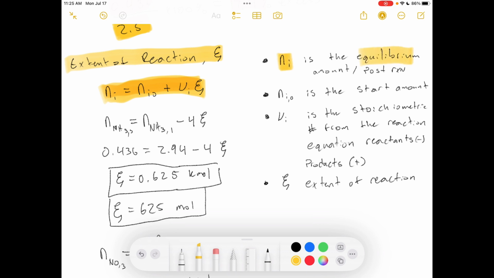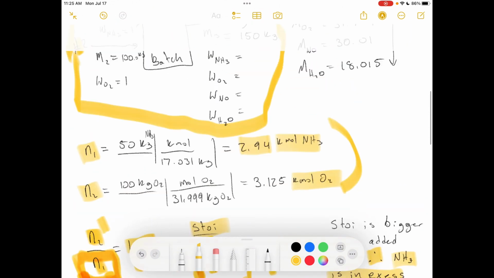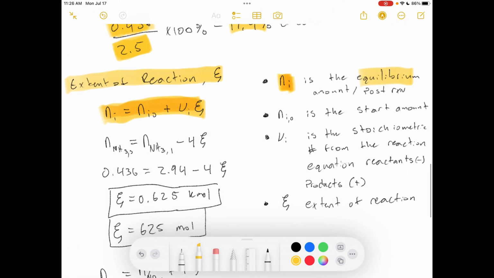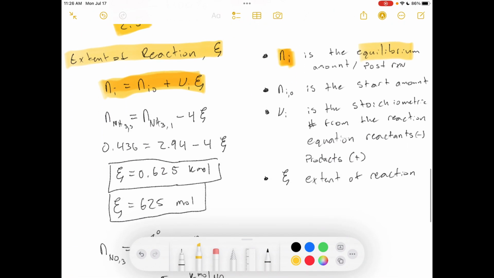It's not how much you started with, it's how much you end up with after everything's said and done, when the reaction has either gone to completion or reached equilibrium. I stands for any component, so it's interchangeable with any of the components in the reaction.